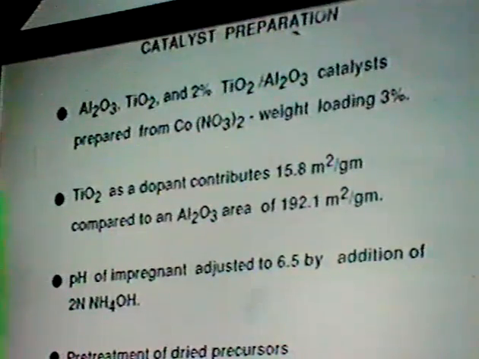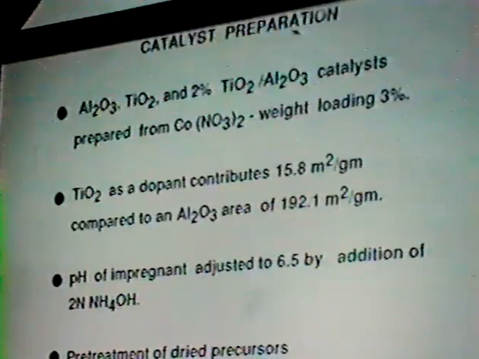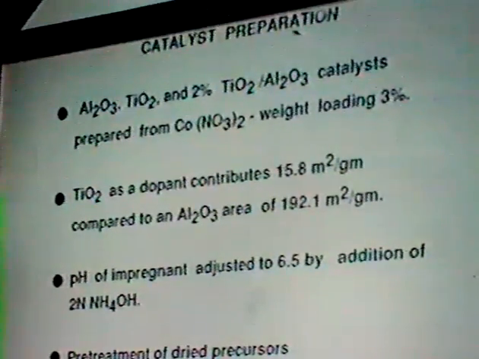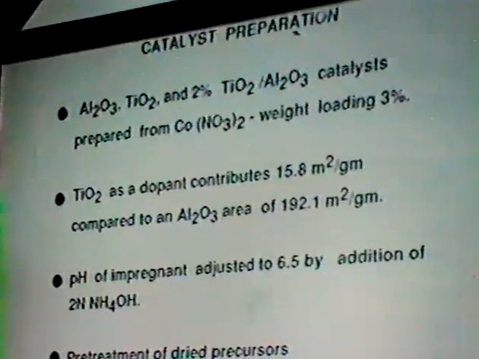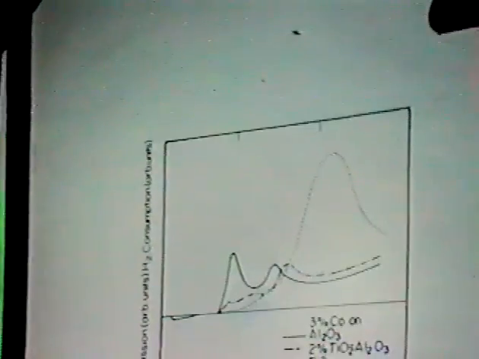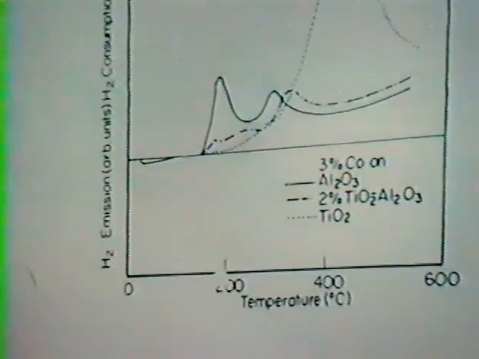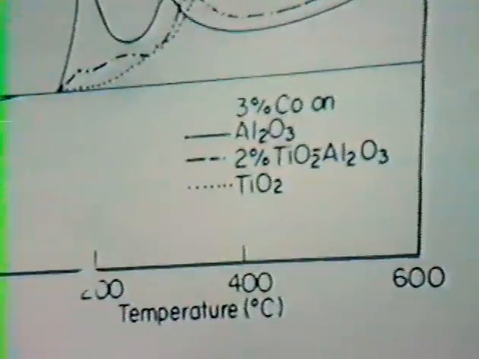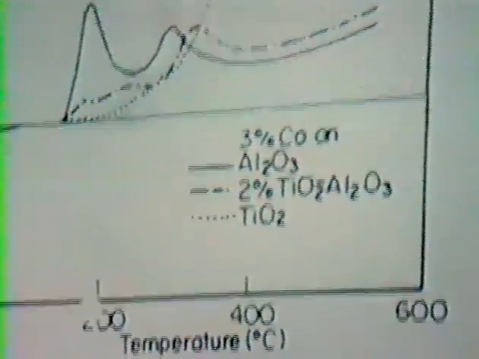Various pretreatments of the catalysts were made in order to put them in a state where we could look at the impact of this preparation on the temperature programmed reduction of each of those catalysts. And what we find is that although the majority of the area that the precursor has to sit on is alumina, the TPR results clearly indicate that a lot of the cobalt does not necessarily reside on the alumina.